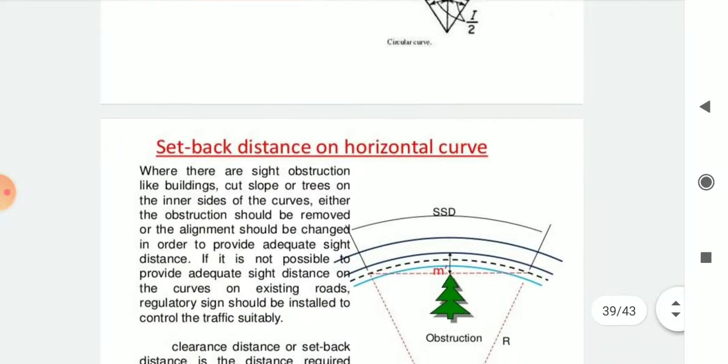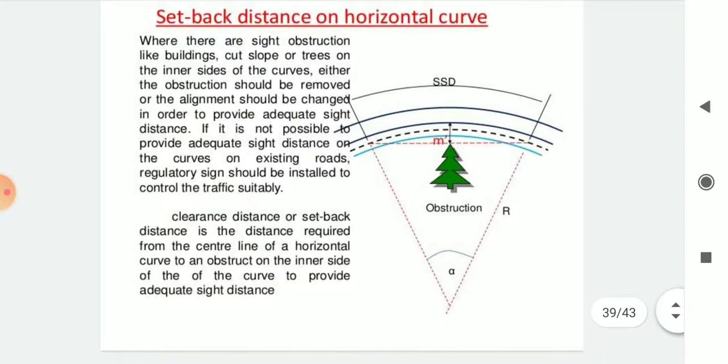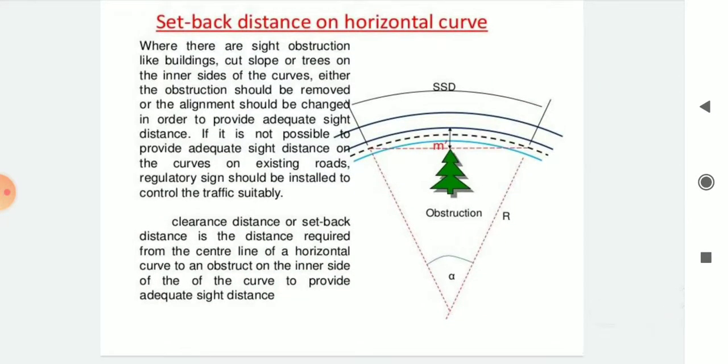Okay, setback distance on horizontal curve. Where there are site obstructions like buildings, cut slopes or trees on the inner sides of the curves, either the obstruction should be removed or the alignment should be changed in order to provide adequate sight distance.